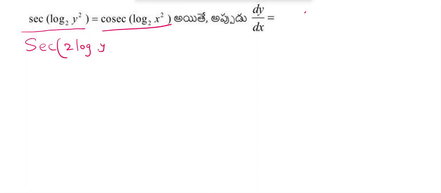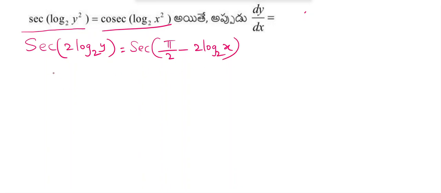This is the next question, from differentiation. Here it is given: log of sec of (log y square base 2) is equal to cosec of (log x square base 2). Then dy by dx is equal to? This is written as sec of 2 log y base 2 is equal to, cosec is written as sec of (90 minus x), sec of (pi by 2 minus 2 log x base 2).